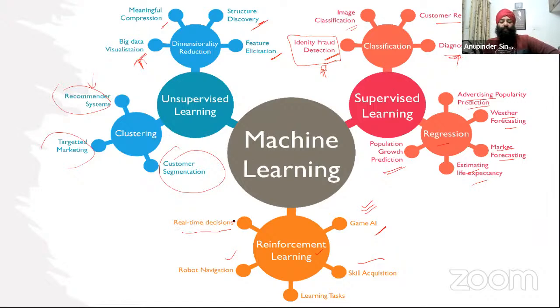Real time decisions are something which are being used in various disaster management applications, right? So these are some of the broader application areas. And if you go deep down into the very specific algorithms, you might find a lot of other application prospects as well, right?